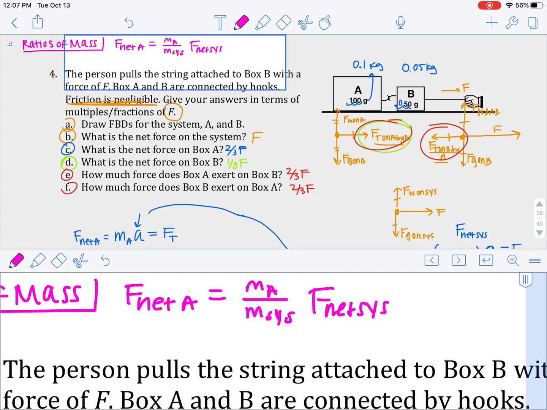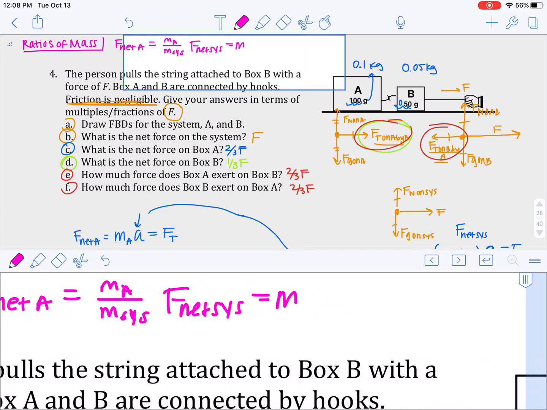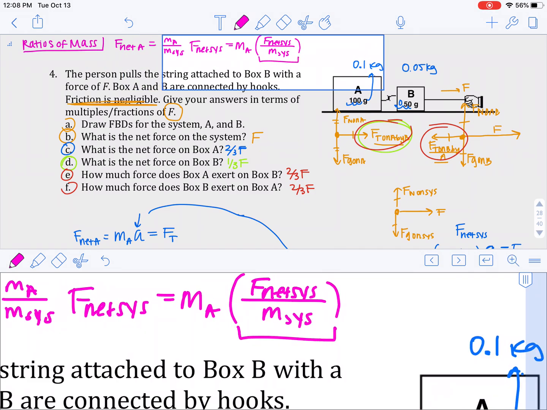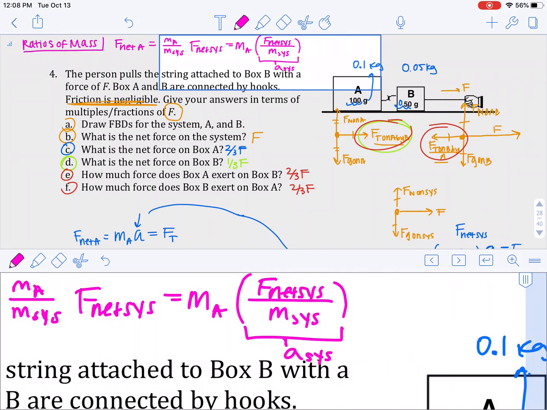And that's because this is the same thing as saying MA times F net on your system divided by the mass of your system. And this, you might recognize, is A of our system, right? F net equals MA. F net divided by M will give us A. So that's why this works.